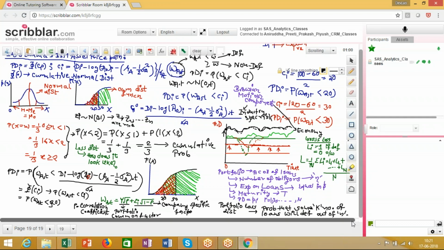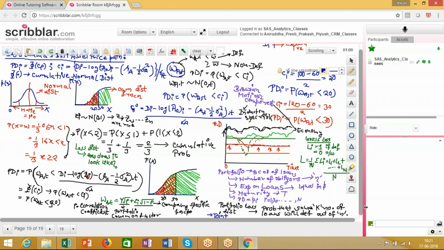So the next thing that we need to understand is the joint probability of default. What is the probability that borrower A and borrower B and borrower C and borrower D would default?